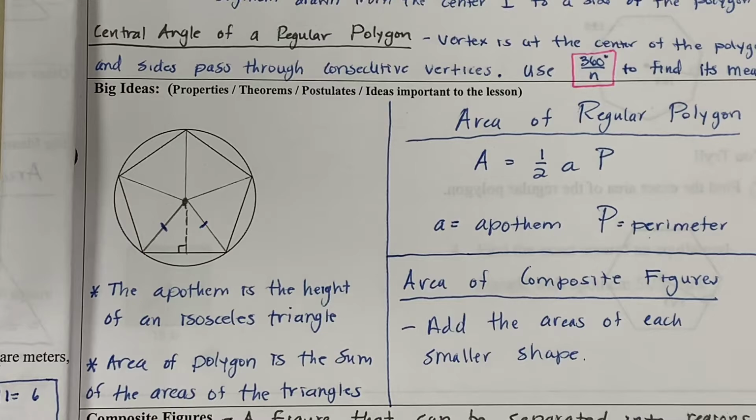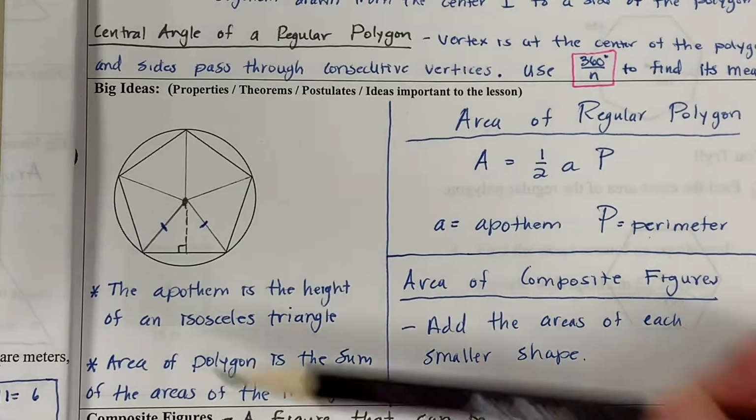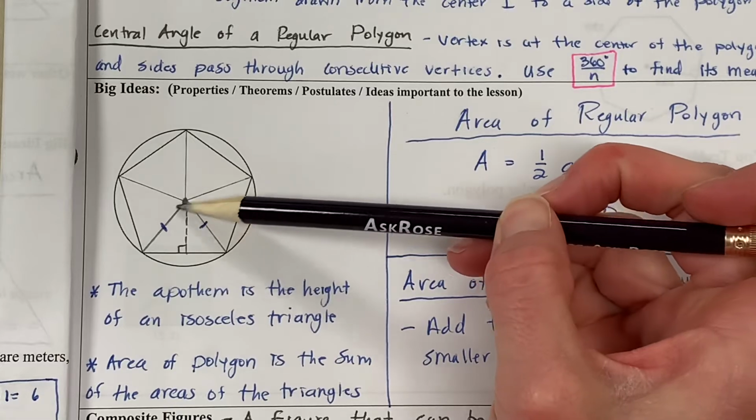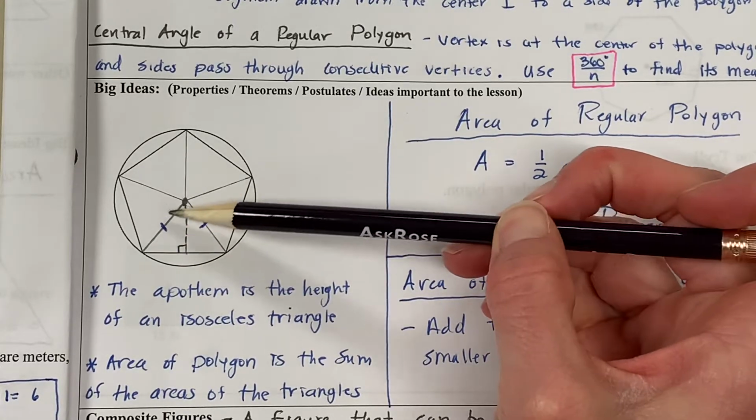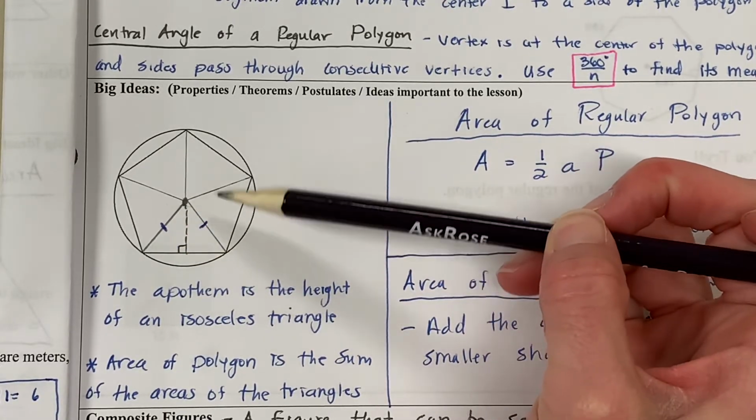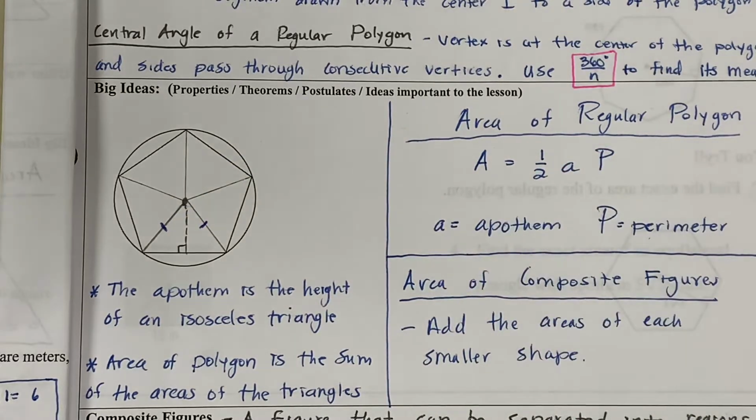So a pentagon has 5 apothems, all representing the heights of our 5 congruent isosceles triangles. So if I want to find the area of a regular pentagon, I am going to find the area of one of these triangles and then multiply it by the number of triangles that is within the polygon.